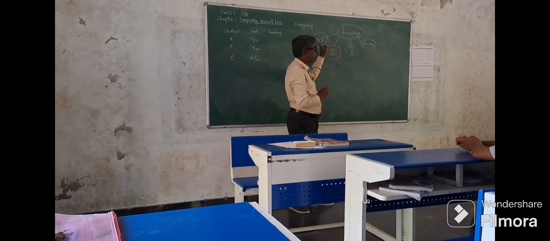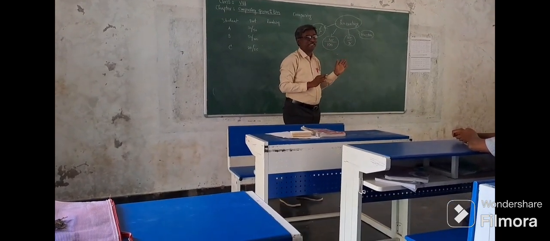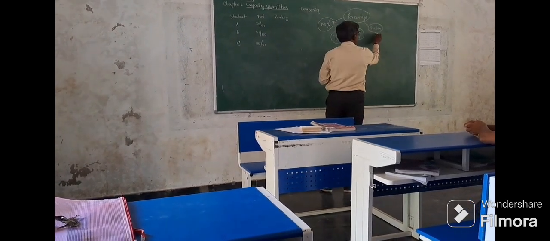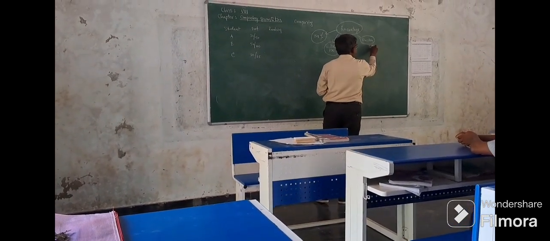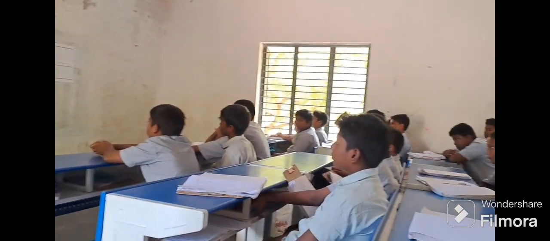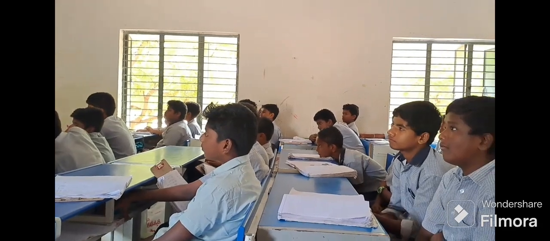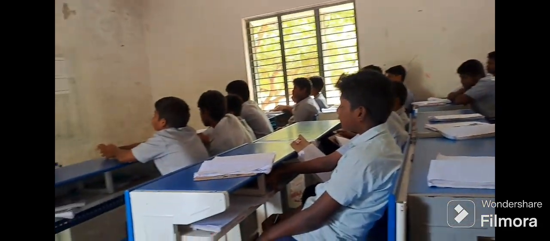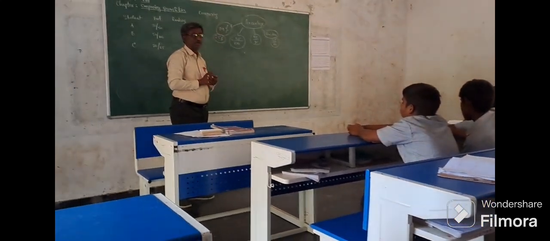Then the numerator becomes the percentage. In case the fraction is 25 by 100, then what is the percentage? 25%. So this is about percentage.